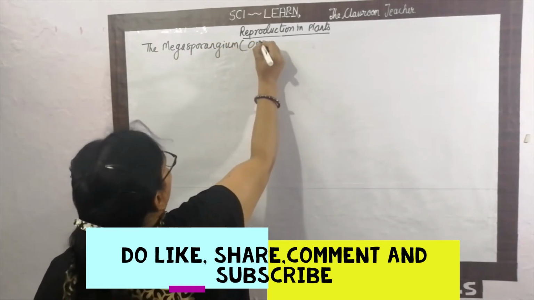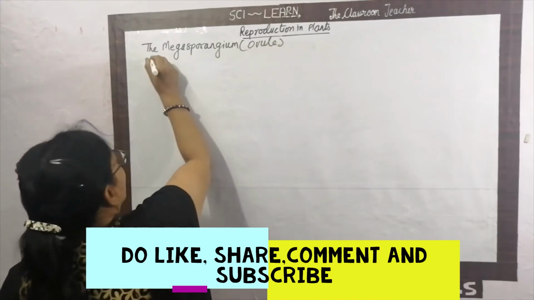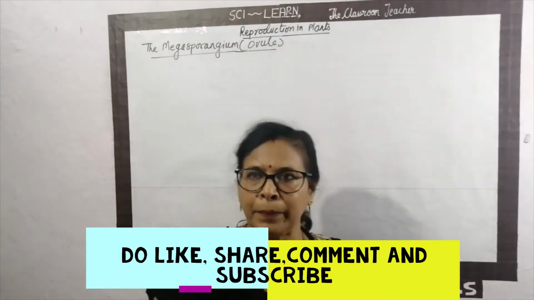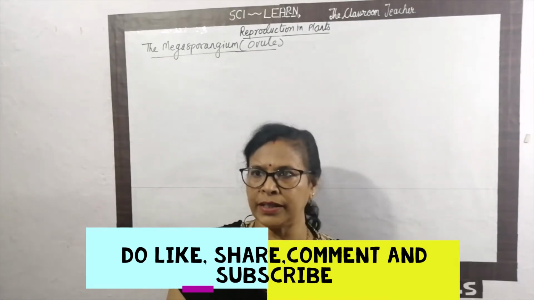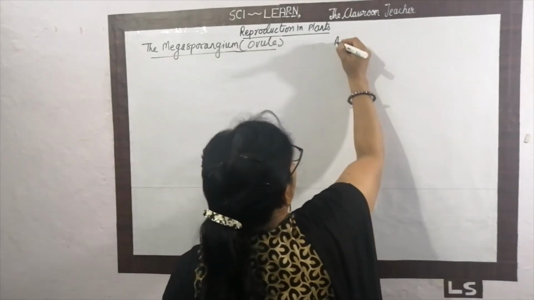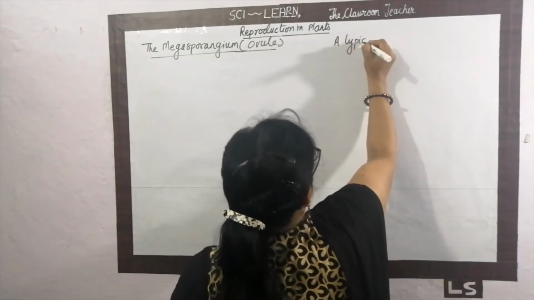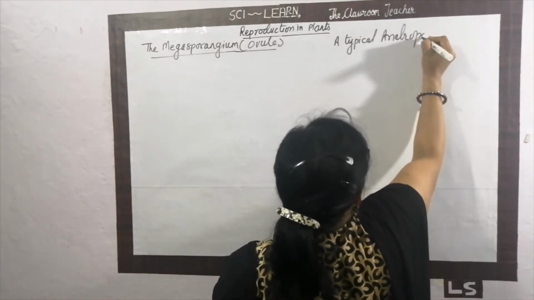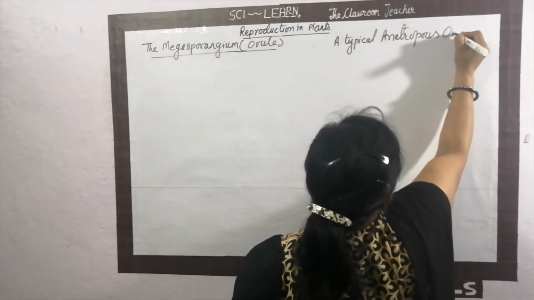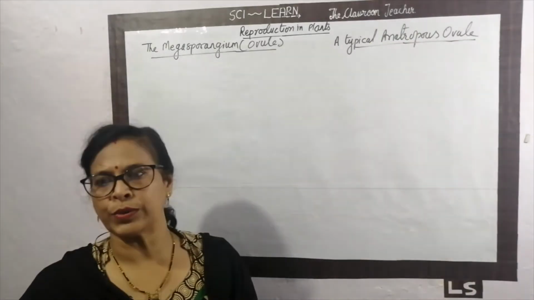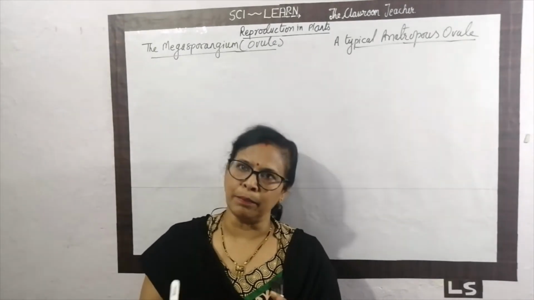This is the ovule. It is present inside the ovary and connected with the ovary with the help of the placenta. The megasporangium: we are going to study a typical anatropous ovule. The ovule is a megasporangium.